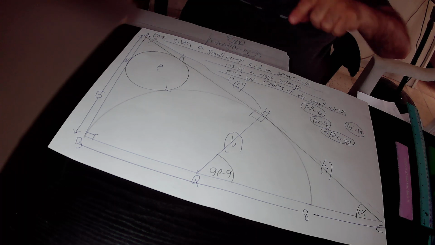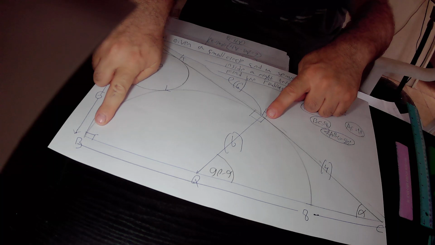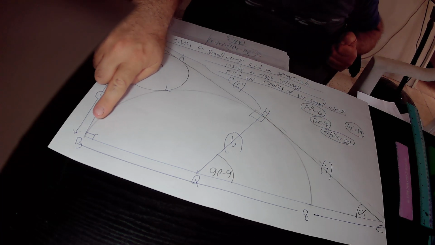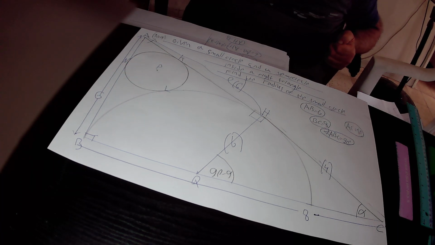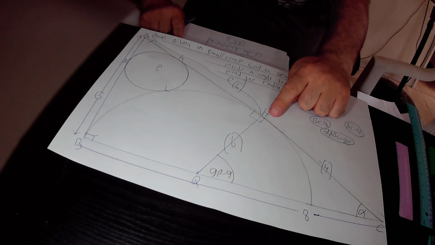First of all, those two angles are both equal to 90 degrees, therefore they are equal to each other. So actually this is angle ABC in the big right triangle ABC, and it is equal to this angle, that is actually angle QHC in the small right triangle HQC.